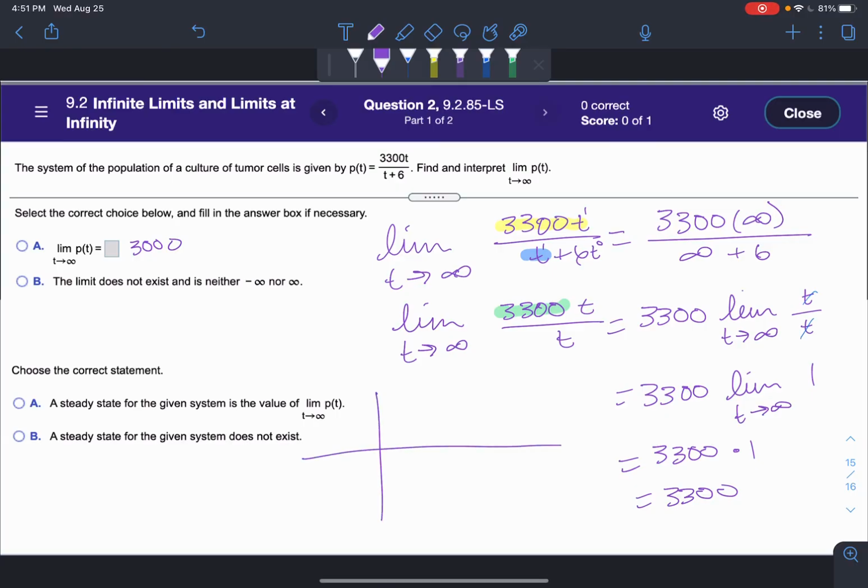As t gets really large and we keep going out, it's going to approach but never cross that 3300, and that's why it's called a steady state. It's just going to hang out there, keep approaching, but not doing anything interesting. So our answer is A.